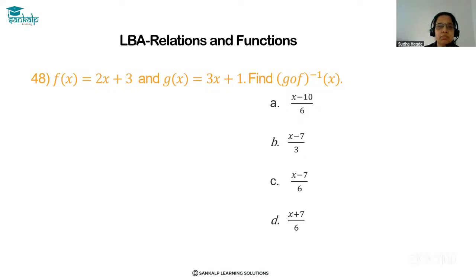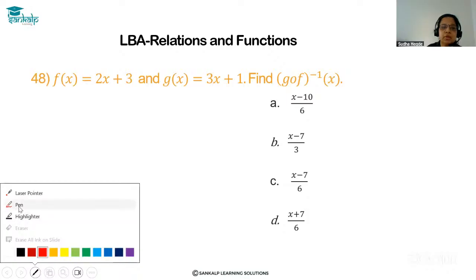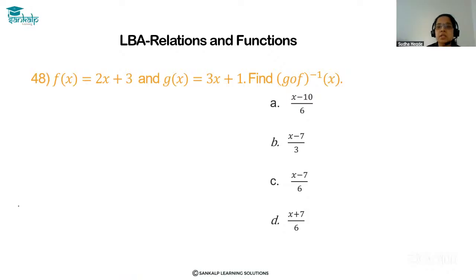Hi everyone. The question is f of x is equal to 2x plus 3 and g of x is equal to 3x plus 1. You need to find g composition f inverse x.